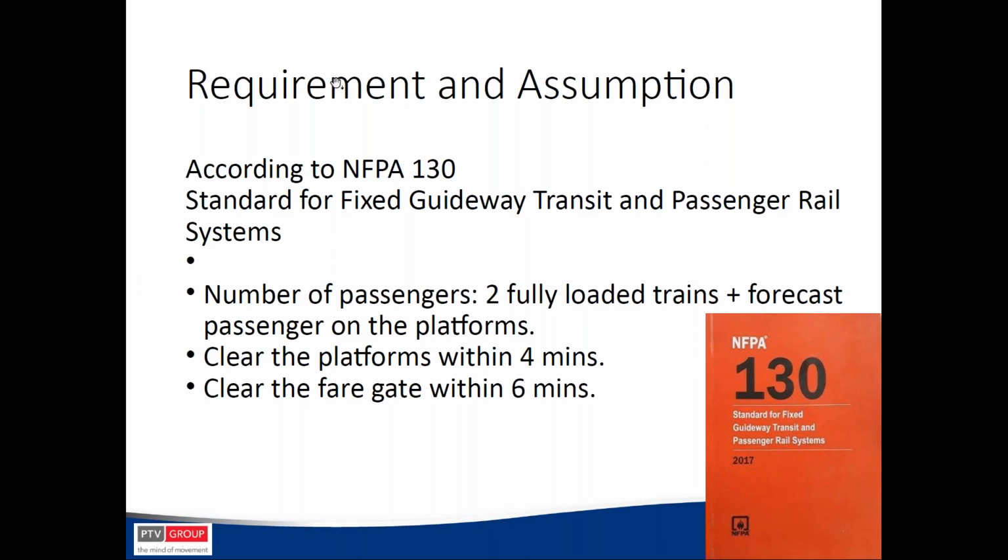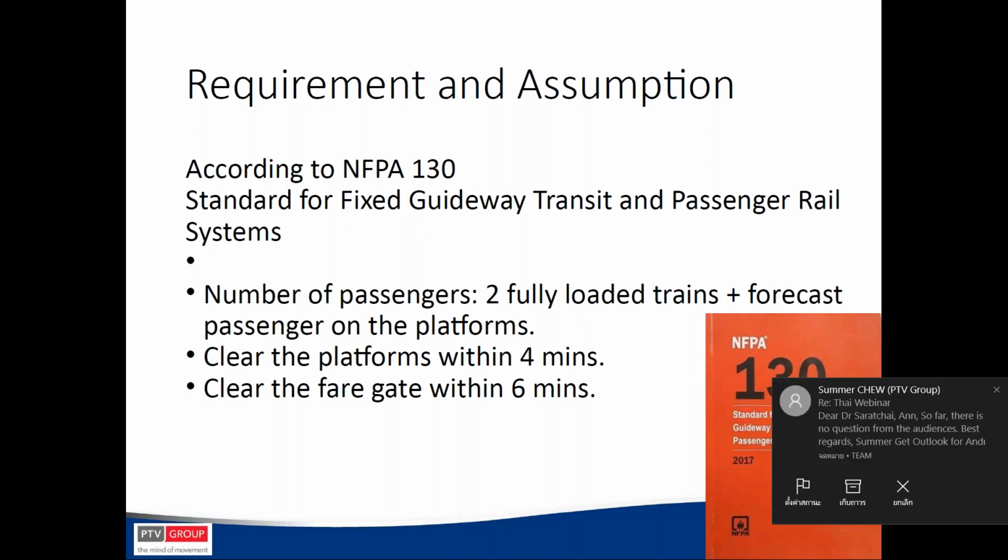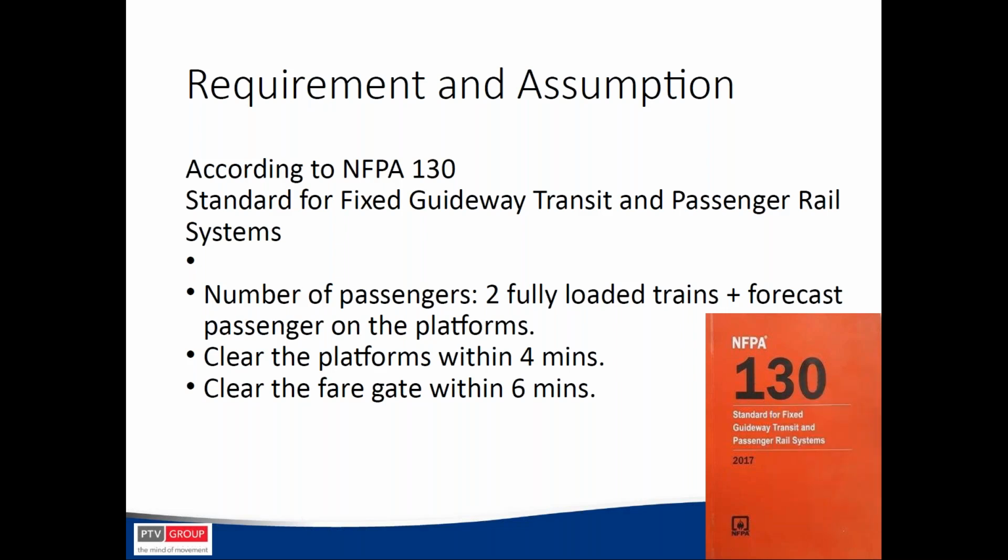Inside this code, it requires us to simulate the number of passengers including 2 fully loaded trains, because there are 2 tracks inside the station, plus the forecast passenger number on the platforms.